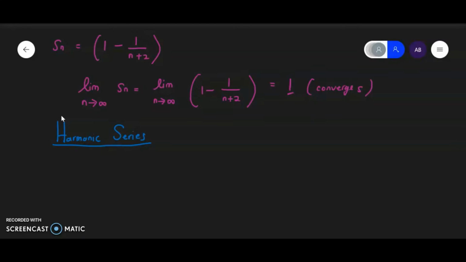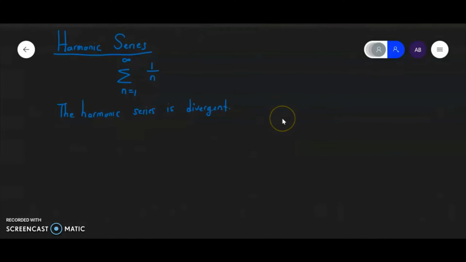So this is the harmonic series: the summation from n equals 1 to infinity of 1 over n. And this series is divergent. The harmonic series is always divergent. We can prove that.